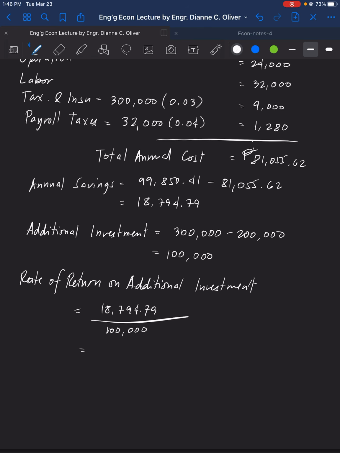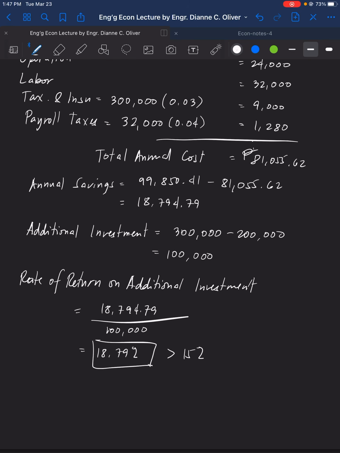And the answer here is 18.79%. So the rate of return on additional investment is 18.79%, which is greater than 15%. So yes, it is justified.